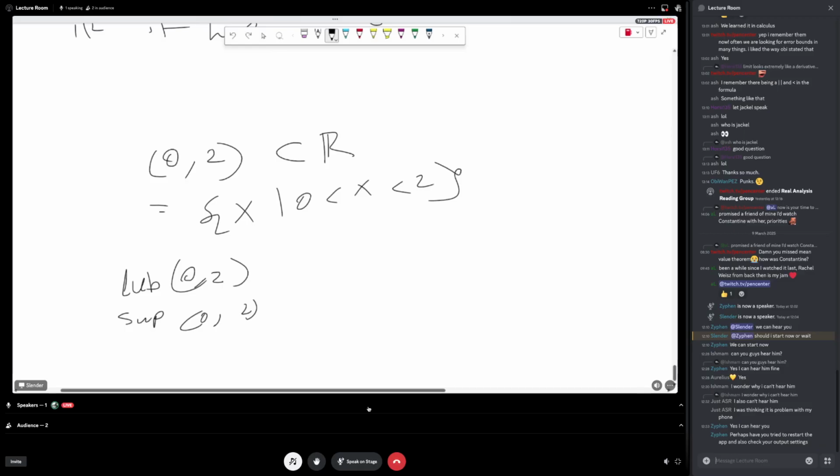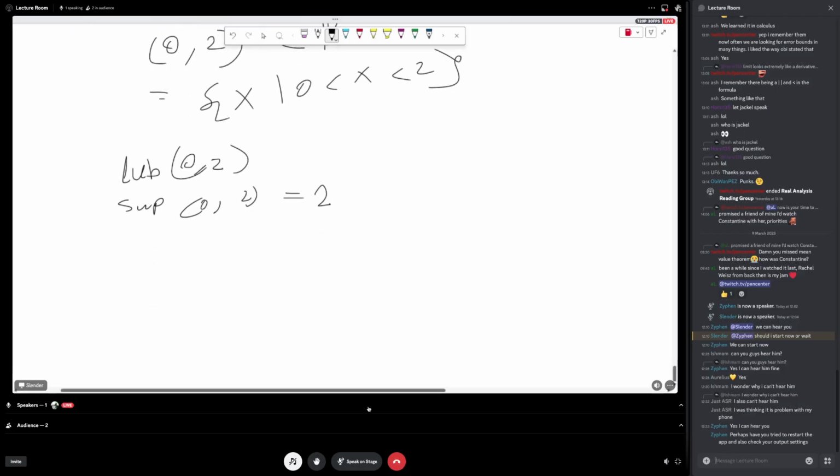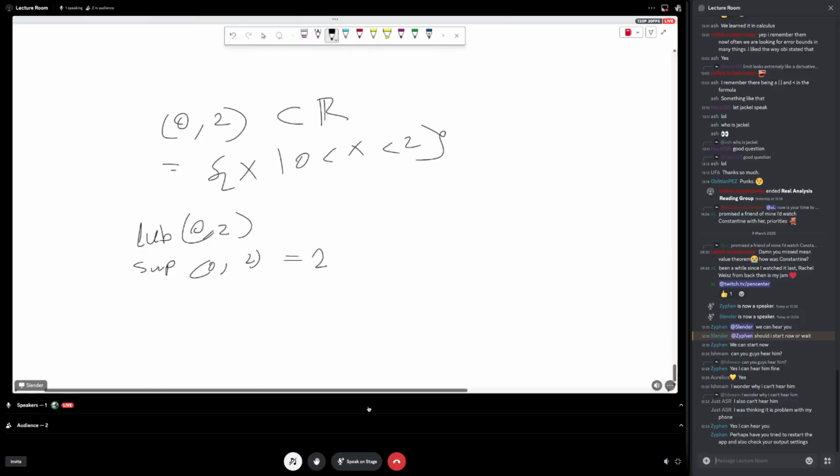Either way it is 2. This number is in the real numbers, so this is the least upper bound for this specific set. Similarly, the greatest lower bound for this set is 0.